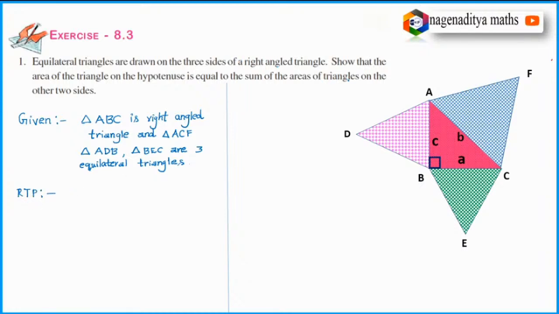So what we have to prove? Show that the area of a triangle on the hypotenuse is equal to the sum of areas of triangles on the other two sides.